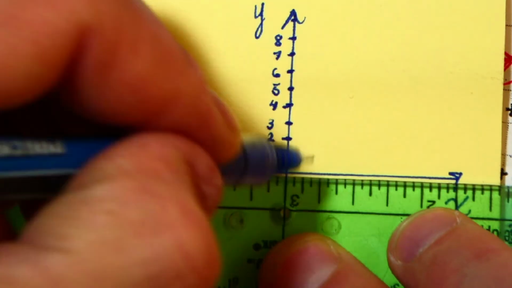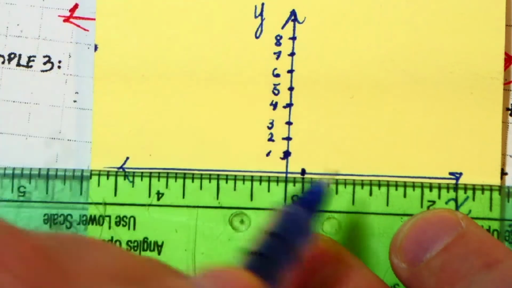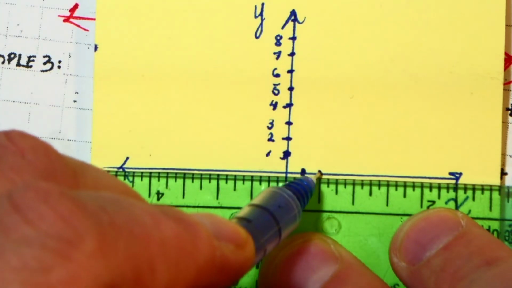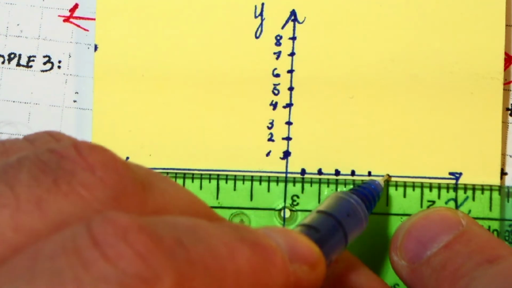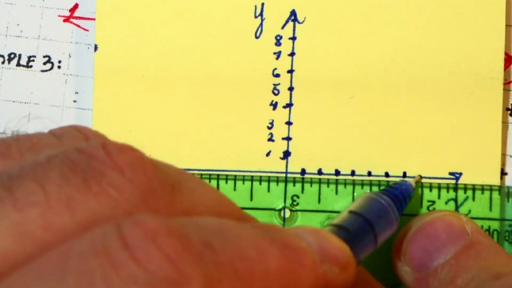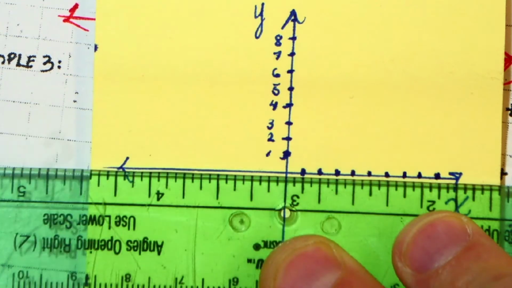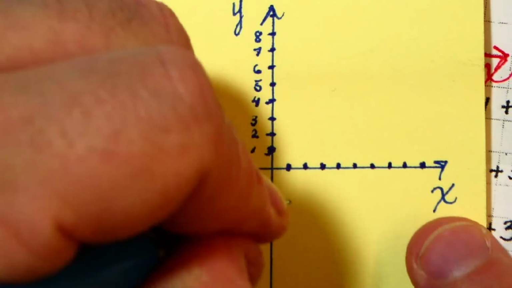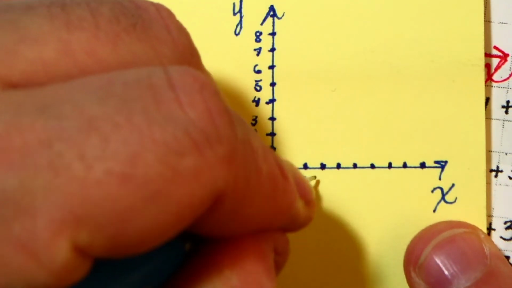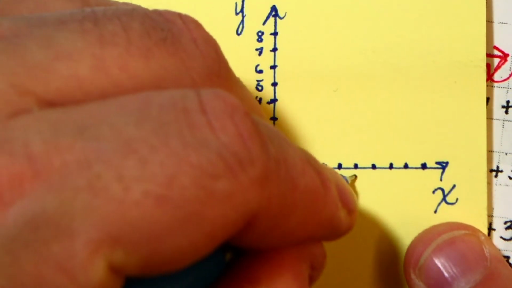So you're going to here, here, here, here, here, like that. You do that? 1, 2, 3, 4, 5.